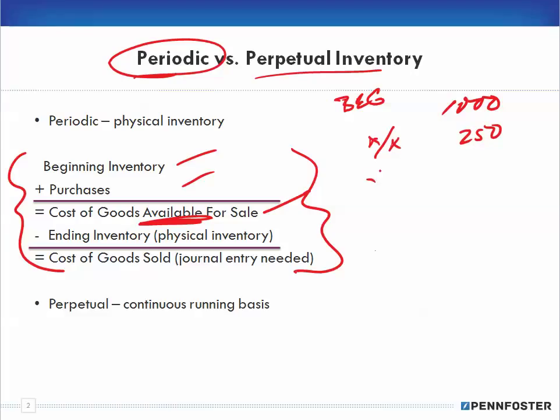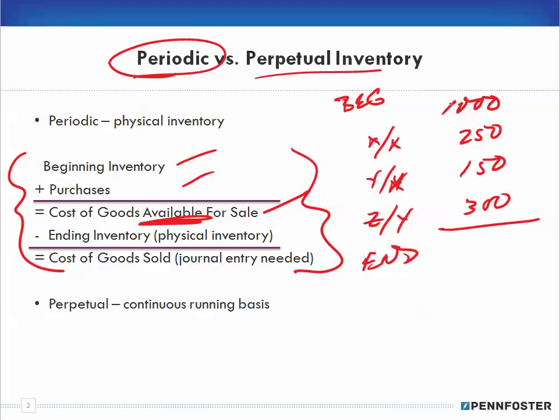And then on another date, I buy, say, $150 more. And then on another date, I buy, let's say, $300 more. At the end of the accounting period, my books will show that I have $1,700.